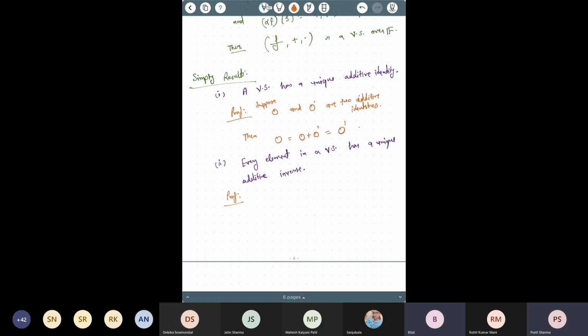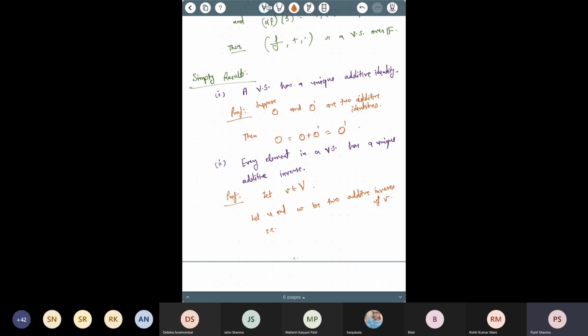Yeah, I understand what you are saying. So every element in a vector space has a unique additive inverse, and whatever you are saying should be true for every element. So let us suppose V is any element, and suppose there exist U and W, two additive inverses of this vector V. What does it mean?